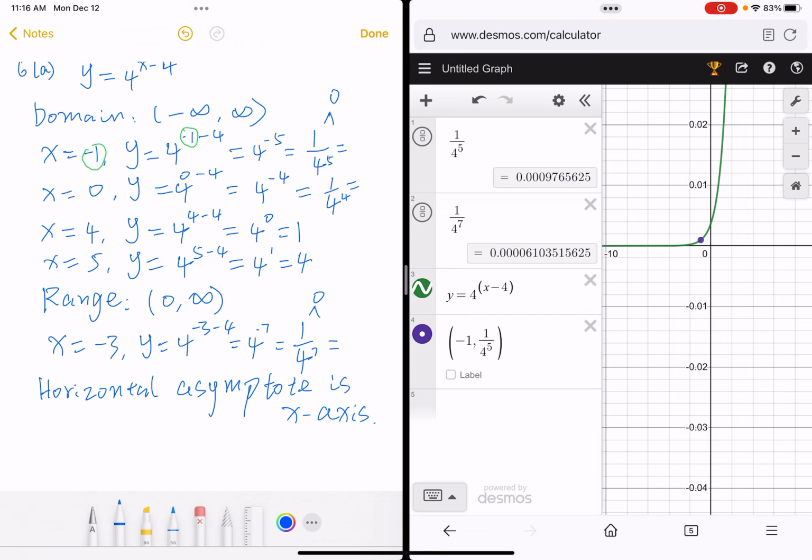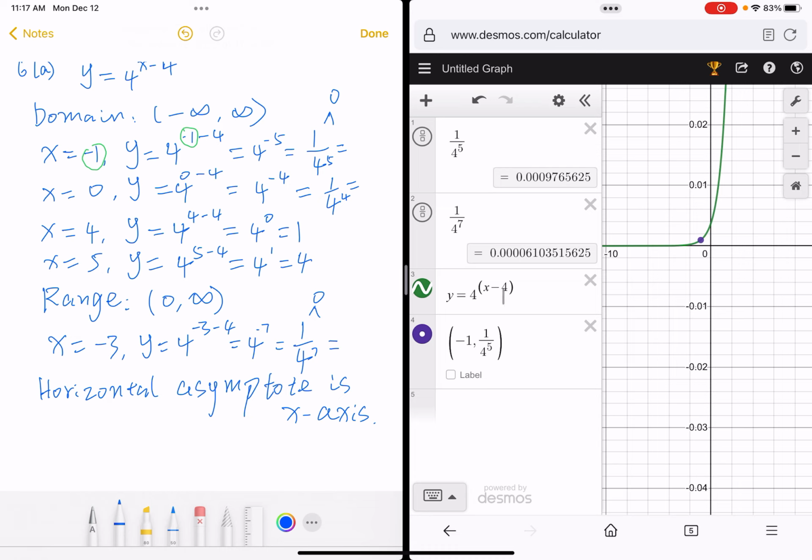So this is very important because it tells us that when x gets smaller and smaller to the left-hand side, more negative, this point is going to be very close to the x-axis and never touch the x-axis. So that's why we say the x-axis is the horizontal asymptote.